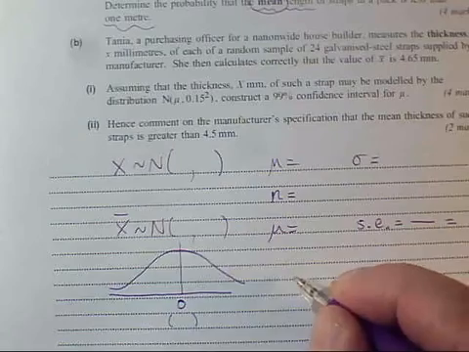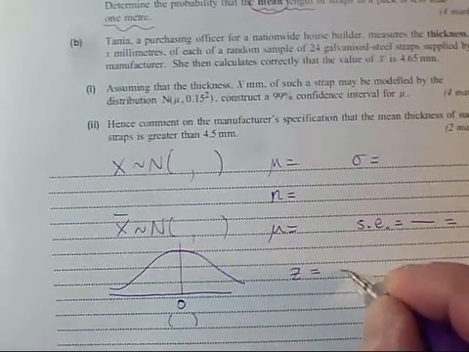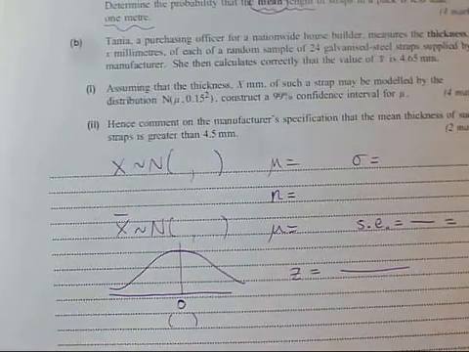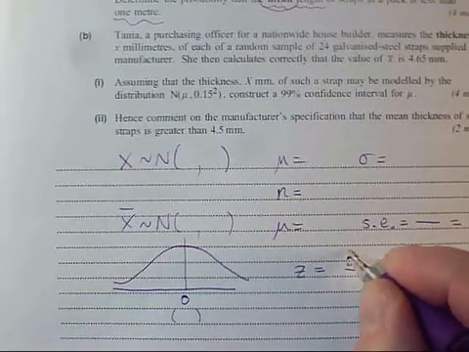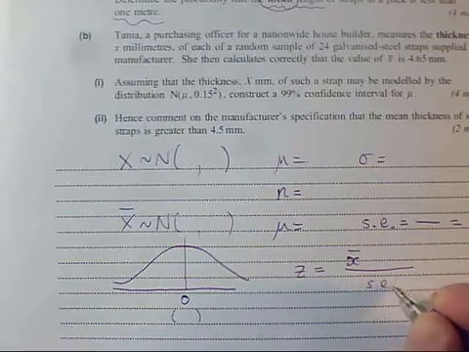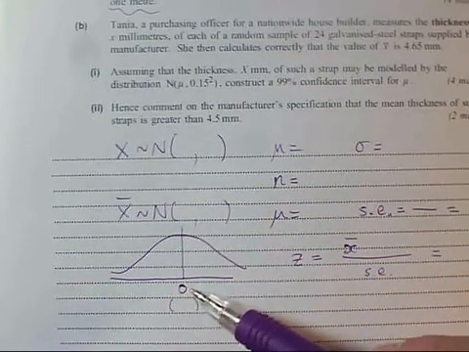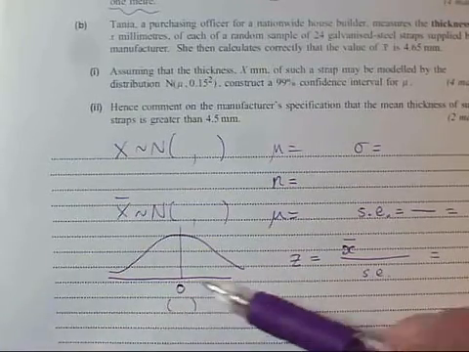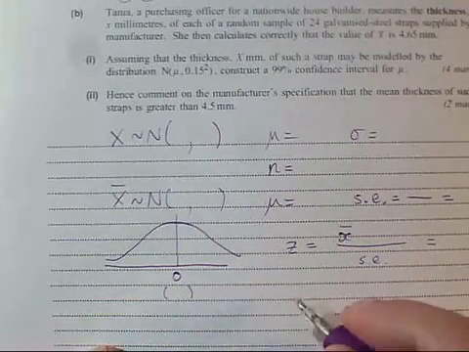Because what you're going to be doing, having set this up, is getting a z value using the formula. It's a sample mean question, so we need to use the x bar version of the formula, which has an x bar here, and we divide by the standard error. So you're going to get a z value here, and your diagram will give you a good check on whether the z value you've got should be positive or negative, and then you have to decide whether to use it as a lower limit or an upper limit.